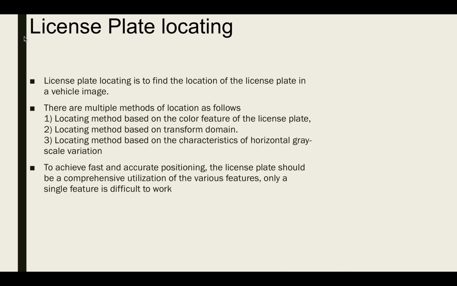Okay, here is a key part of the system. It's the license plate locating part. Just as it says, the license plate locating is to find the location of the license plate in a vehicle image.